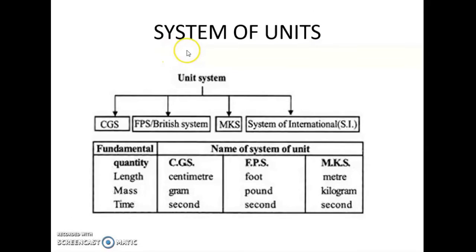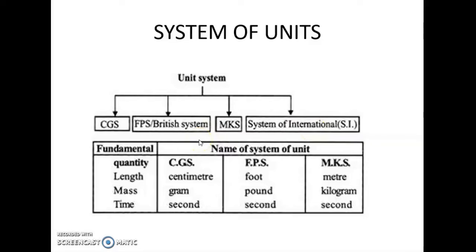Moving on to system of units. The various types of unit systems used are CGS system, FPS system, or it is also called as British system, MKS system, and the most common used around the world is SI system, or it is also called as System of International.